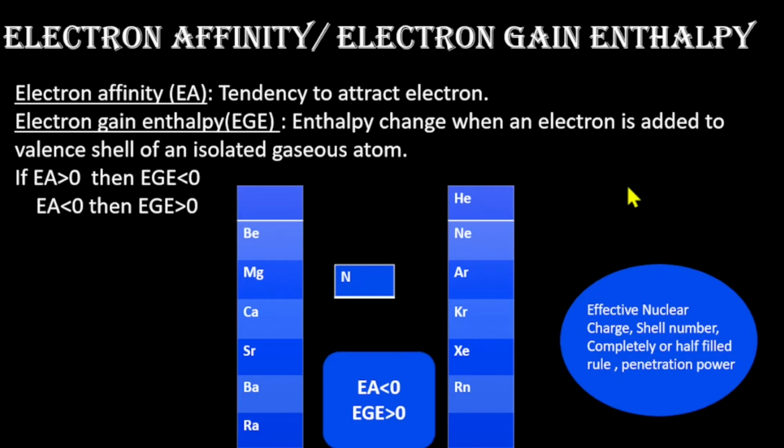Means they don't want to accept electron. Even you know that noble gases are noble in nature. They don't react easily. They don't accept electron. They don't want to attract electron, or they don't want to get electron. Definitely they will have positive. But for these elements, you have to keep in mind. This will help you a lot.